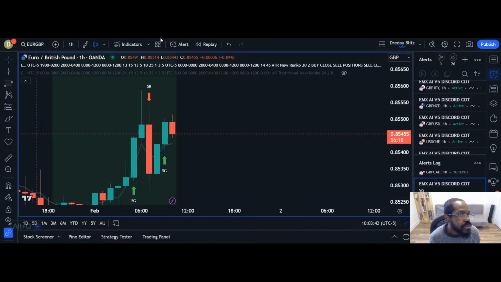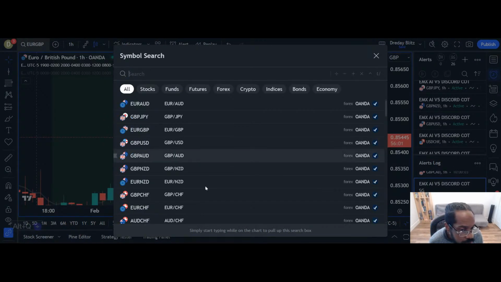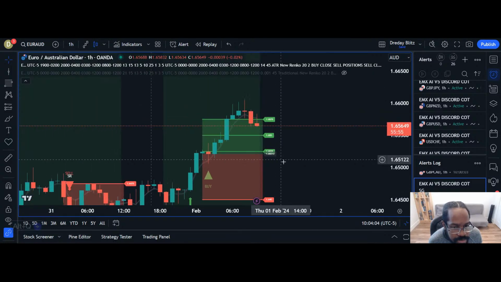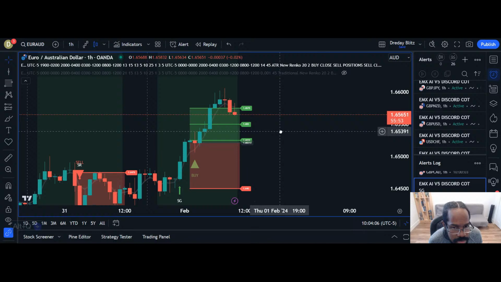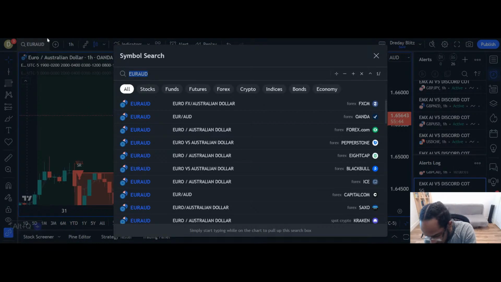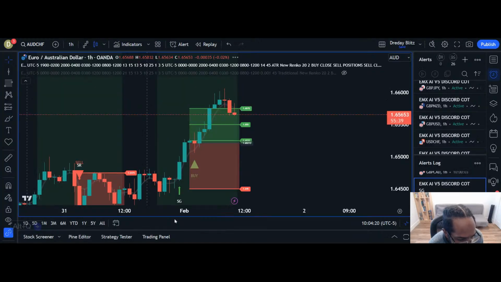So let's look at the Euro. Euro AUD. So that means AUD is bullish. Let's look at AUD USD, or AUD CHF. So AUD should be strong.